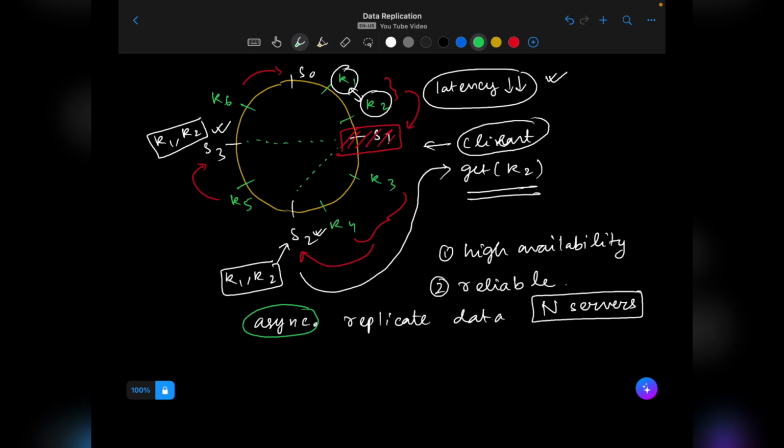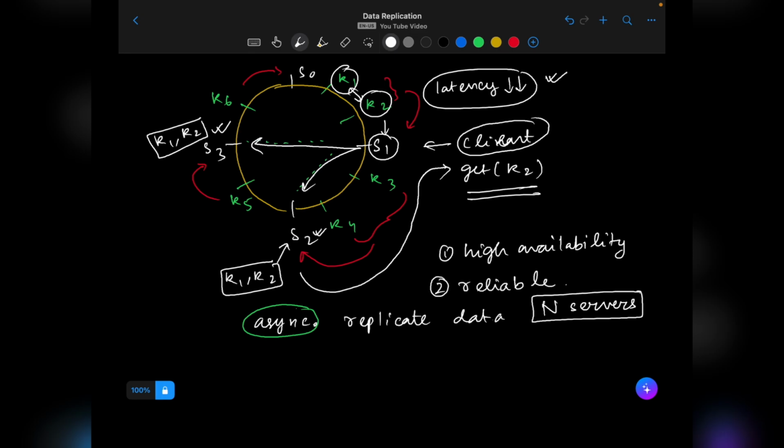Suppose server 1 is up as usual and running. Whenever data is first written into S1, it replicates this data to, let's say, S2 and S3.